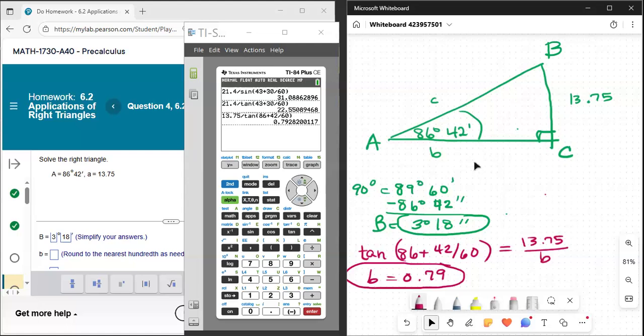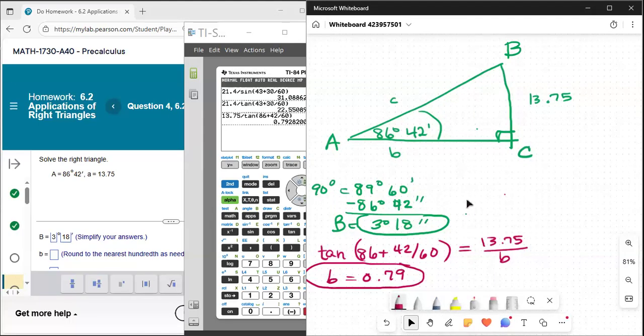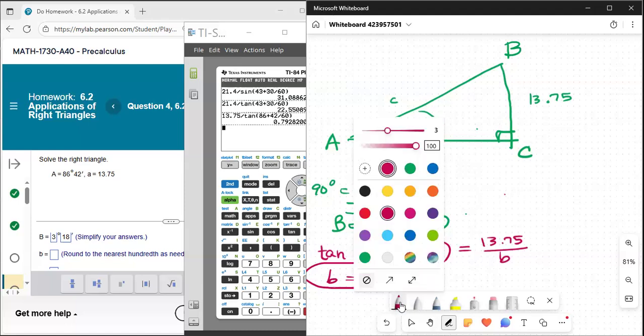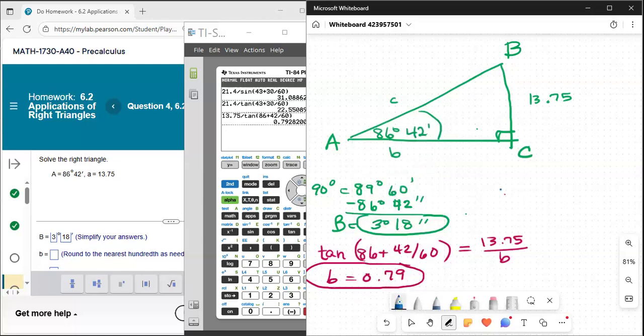And then to find little c, we can use the Pythagorean theorem, but I prefer to try and make it as precise as possible using the known values in the problem as opposed to an estimate or a rounded number. Okay, so we're going to solve for little c. And I can see that the angle here and c, that's the hypotenuse. And we know that this is the opposite across from it. So the opposite over hypotenuse is sine.